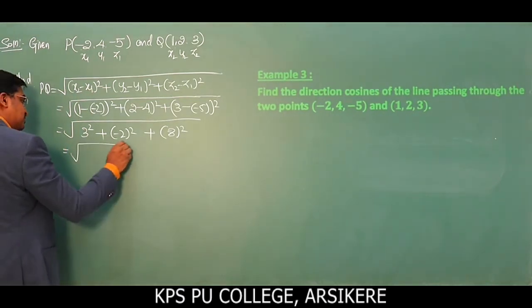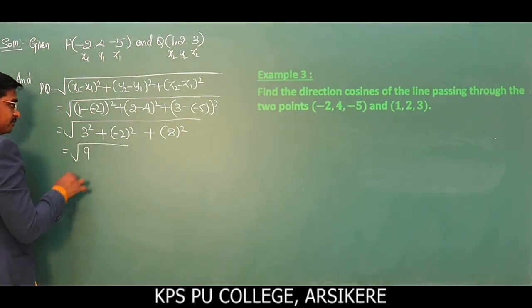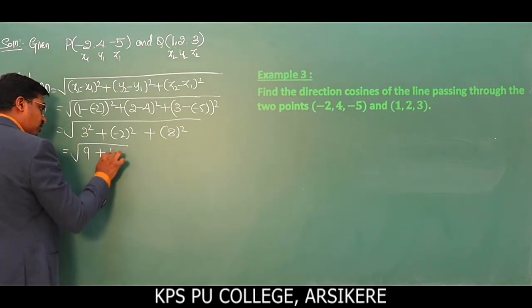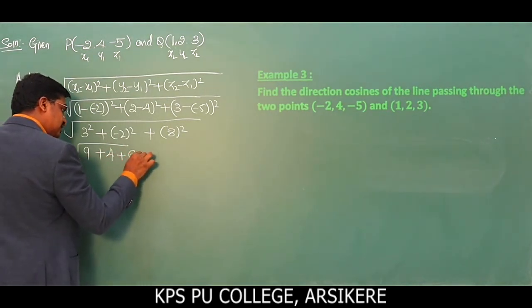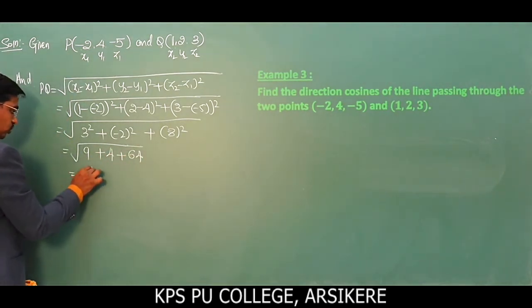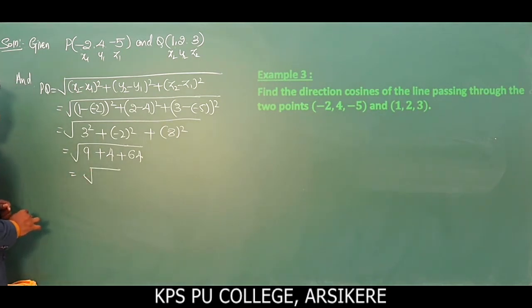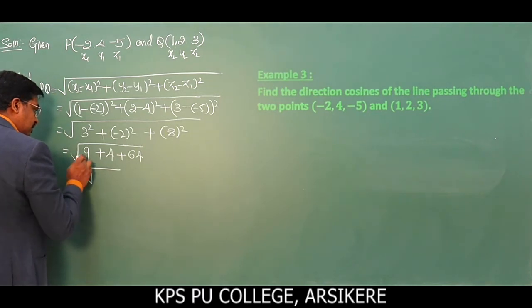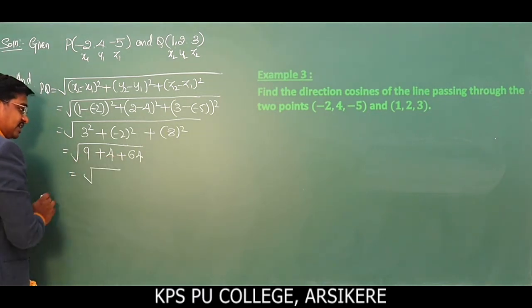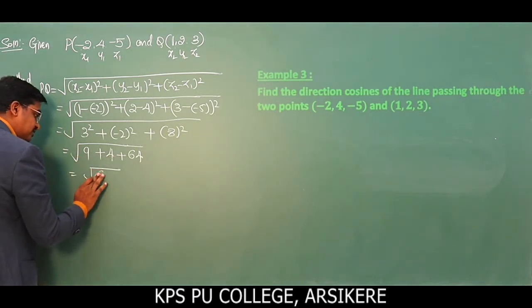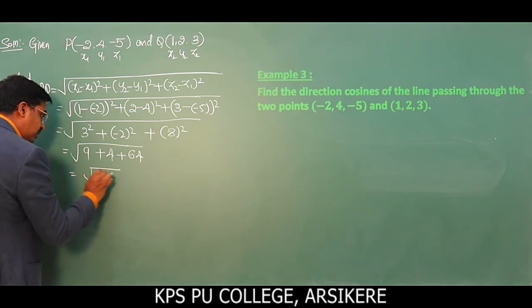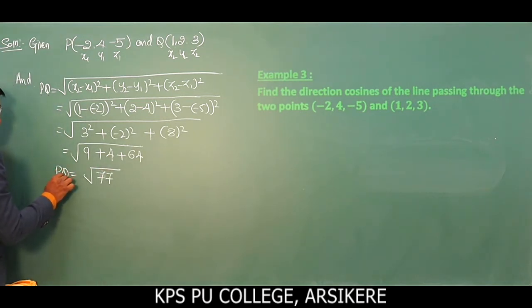Therefore this reduces to 9, -2 whole square is 4, plus 8 square is 64. 64 plus 4 is 68, plus 9 is 77. So the total value becomes 77. This is PQ.